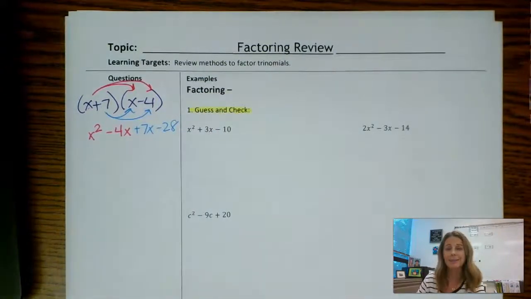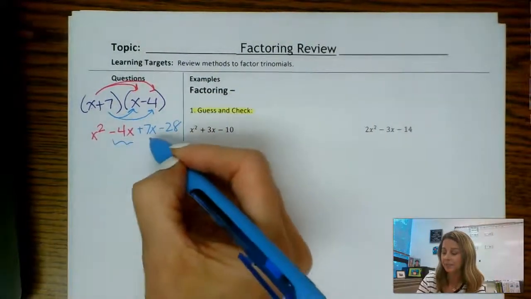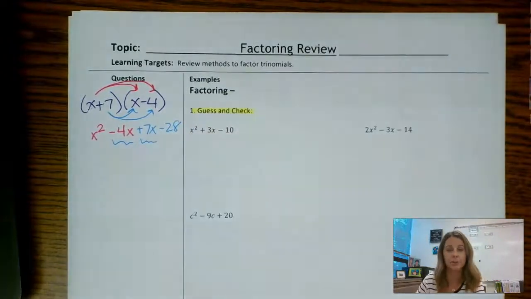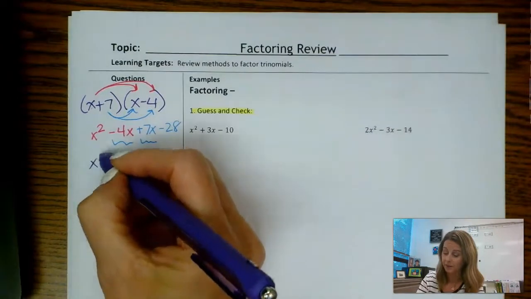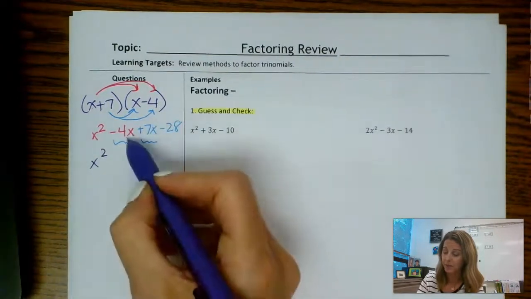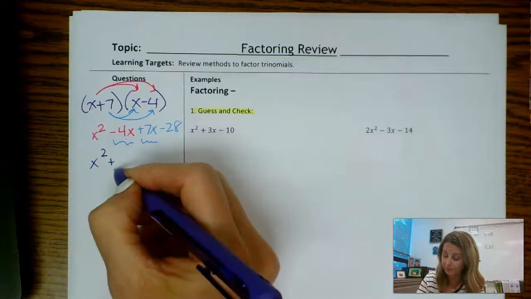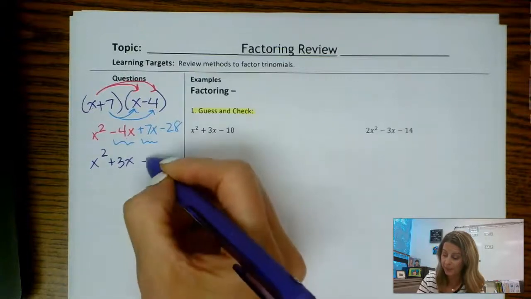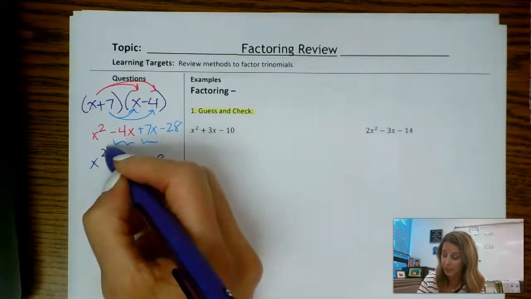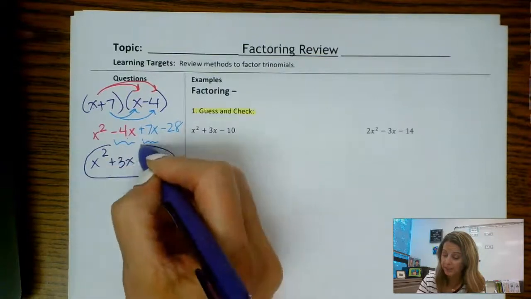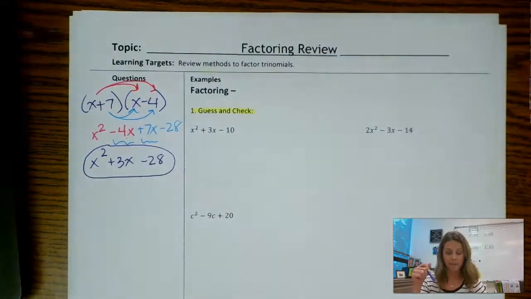And then I would say 99% of the time, your middle terms here will combine. So simplifying this down, we have x squared, negative 4 plus 7 is 3, so positive 3x, and then minus 28. So here is the simplified answer to multiply.